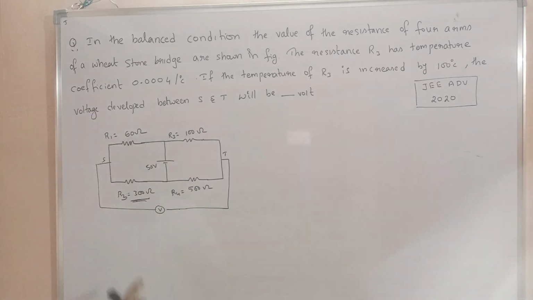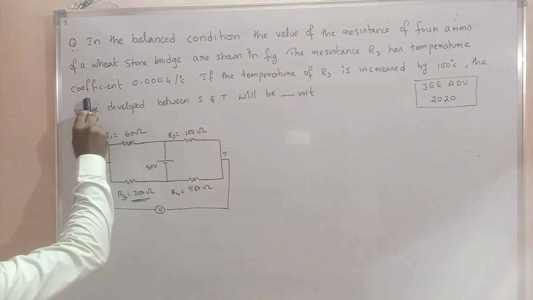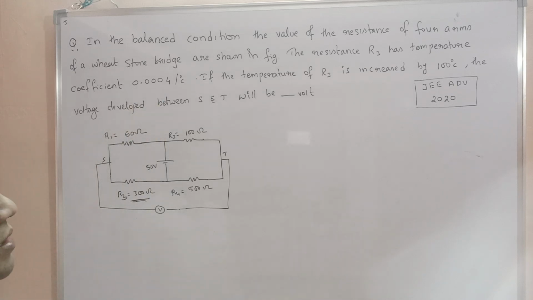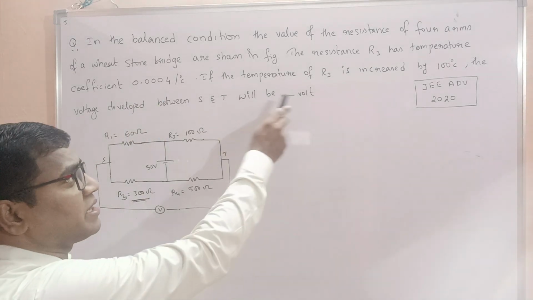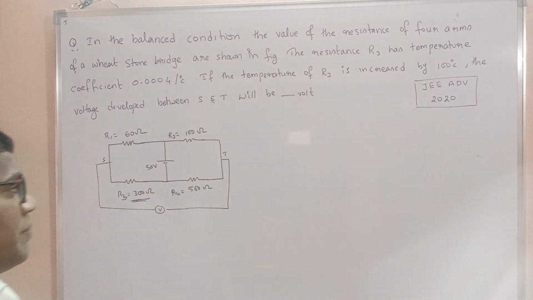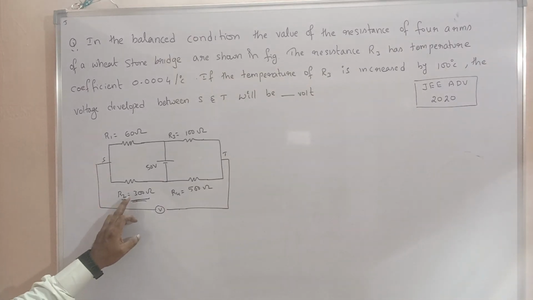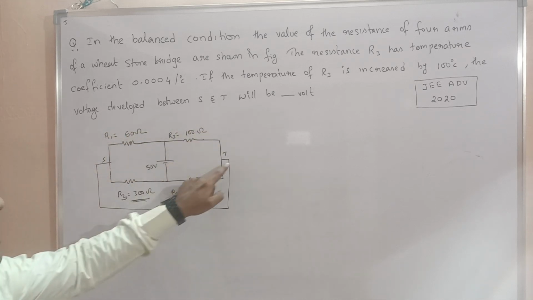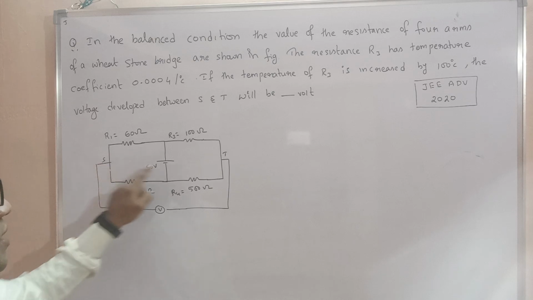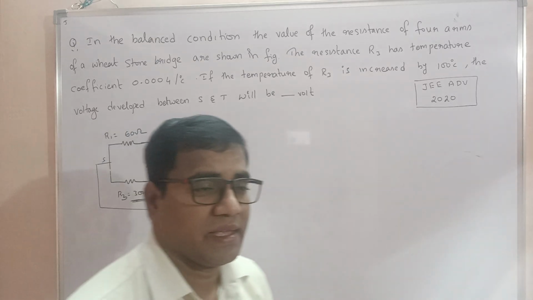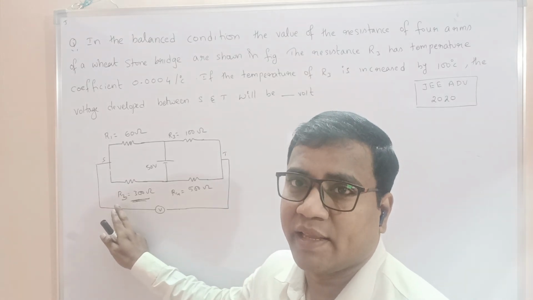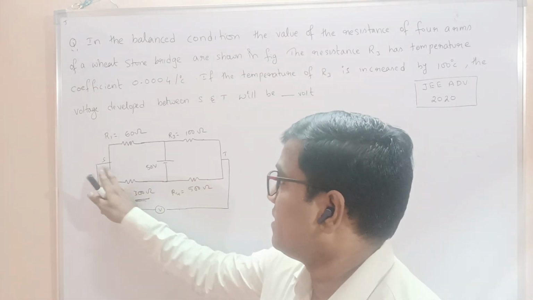If the temperature of R3 is increased by 100 degrees, we have to find out the voltage developed between S and T. He is asking that when the temperature of R3 is increased by 100 degrees, what is the potential difference between S and T?